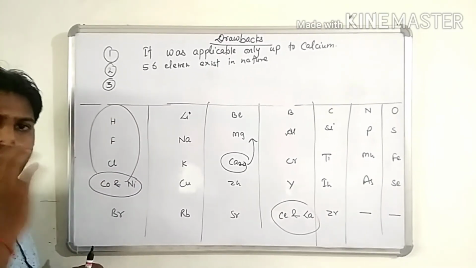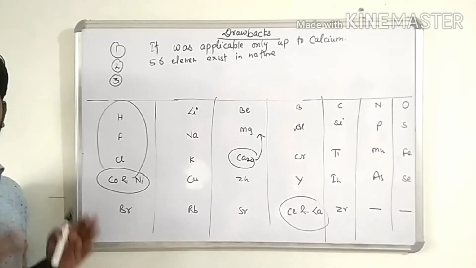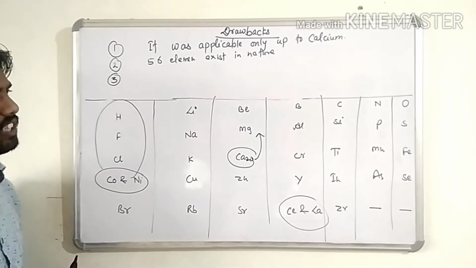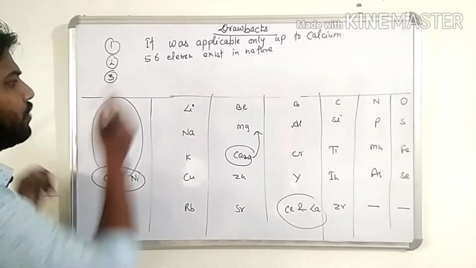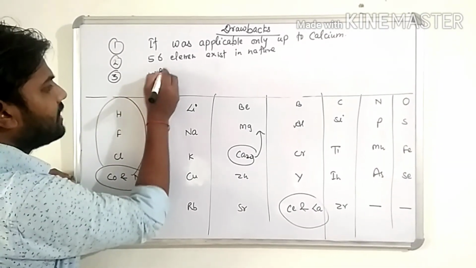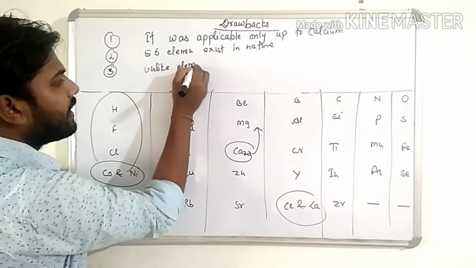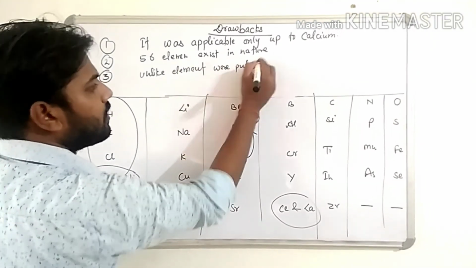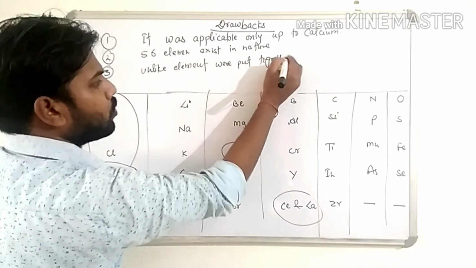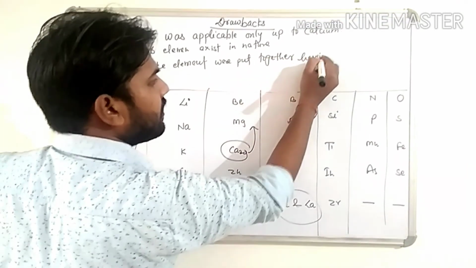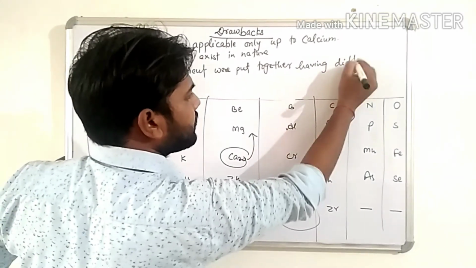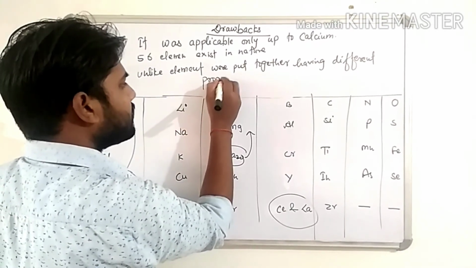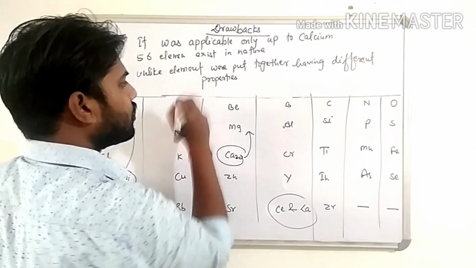It means unlike elements came together in the form of octaves. Clear, children? So we can write: unlike elements were put together having different properties.